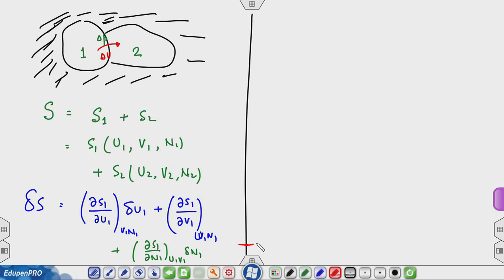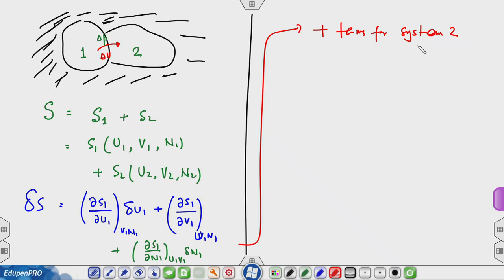And to this, I add the plus terms for system 2.